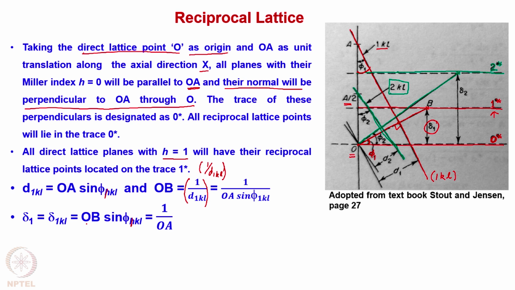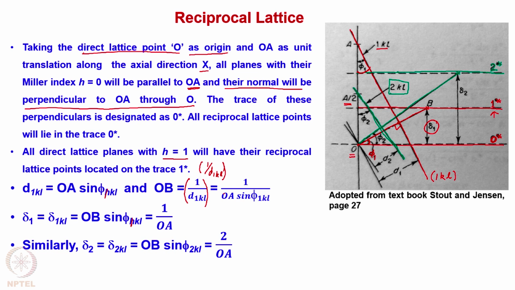So if we compute OB sine phi 1kl, it is equal to 1 by OA, because OB is equal to 1 by OA sine phi 1kl. So OB sine phi 1kl is nothing but 1 by OA.